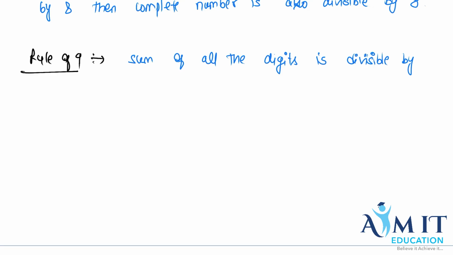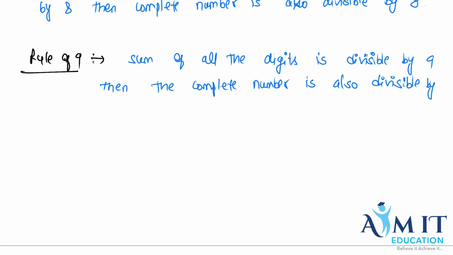So sum of all the digits is divisible by 9, then the complete number is also divisible by 9. So this is the rule of 9.